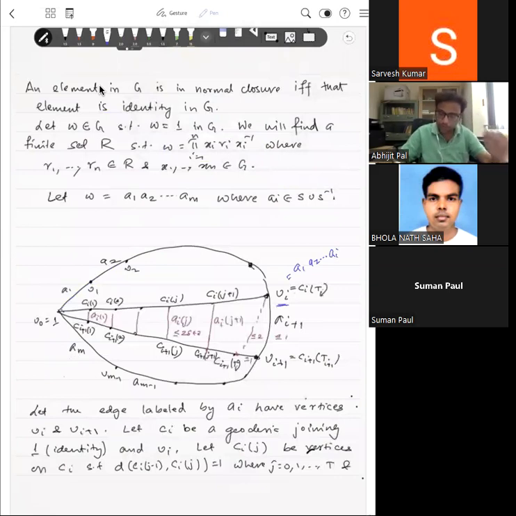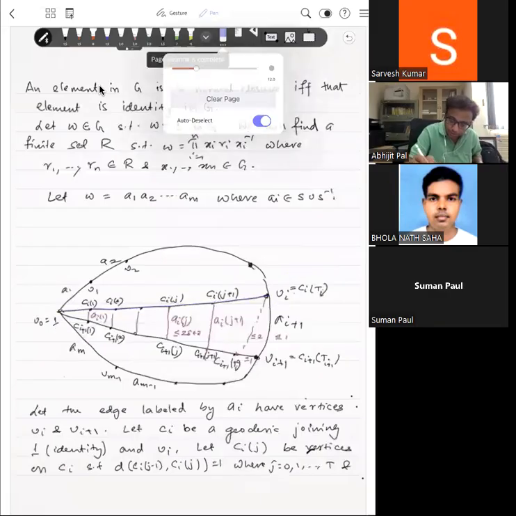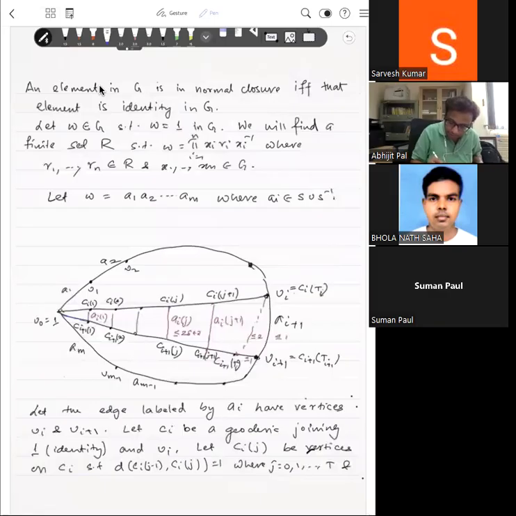You join this identity element to this Vi by a geodesic. This is my geodesic, and you do this for all the i's. So we have this geodesic for i plus 1, and this geodesic for i.